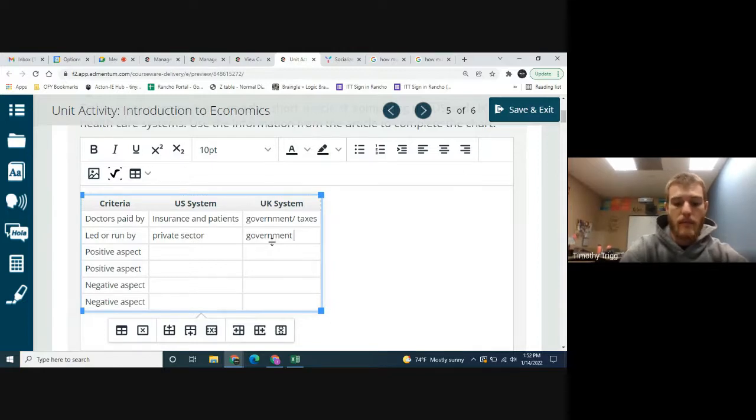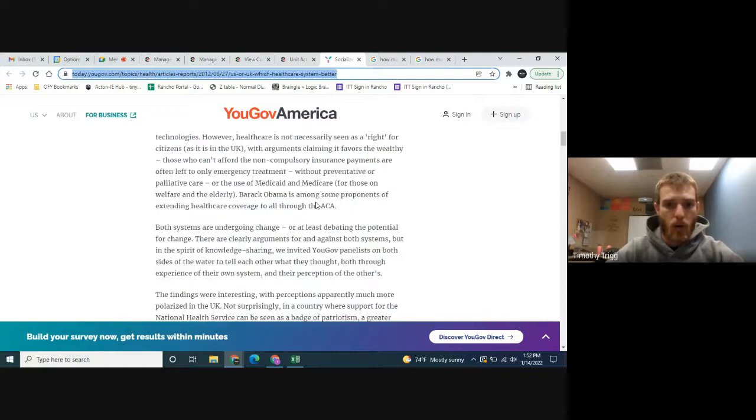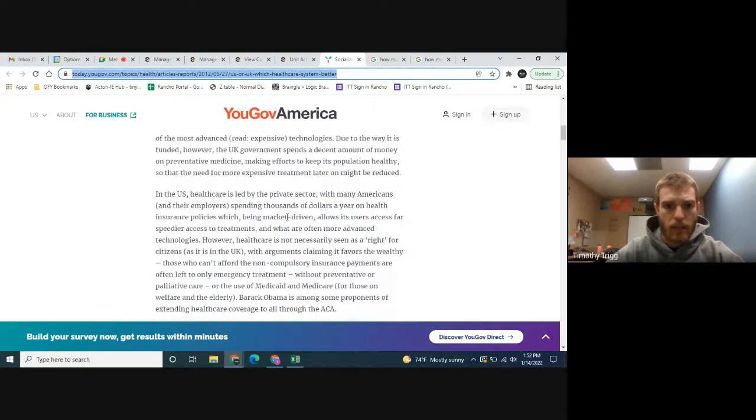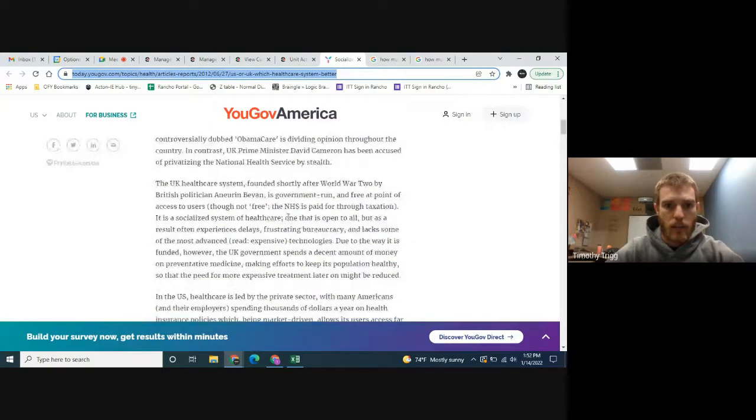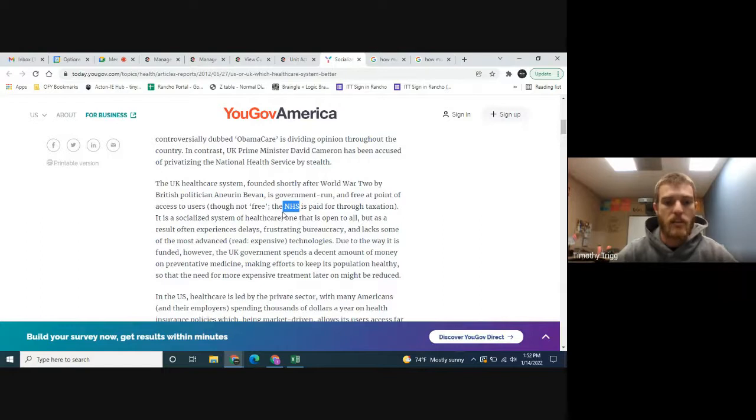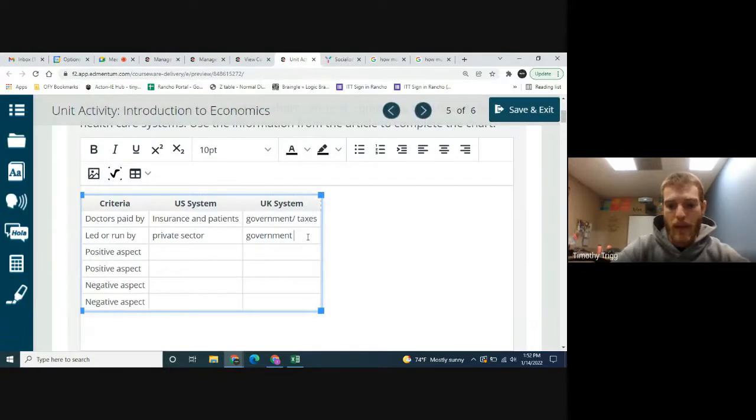The system that they use, and I'm going to reference it a lot, is called the NHS. The NHS is the name of their system, the National Health Service in the UK. So the government, and the name of this part of the government is the NHS system.